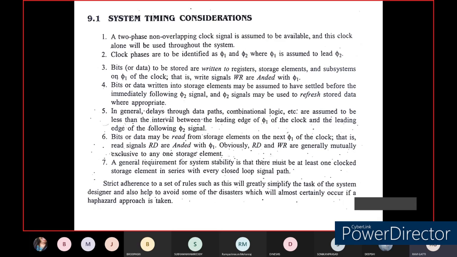Therefore, it is necessary for us to understand the time duration of a clocking signal, so that the input signal we are going to store in the registers will settle, and for the next clock signal it will go on to the next memory element for storage. If there is any delay introduced in the data path signal, how are you going to take care of those delays?